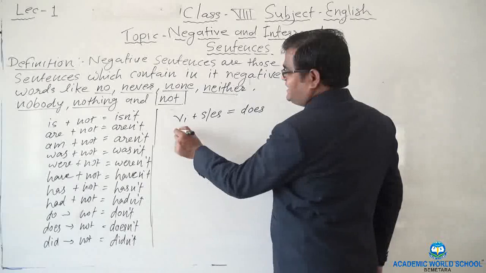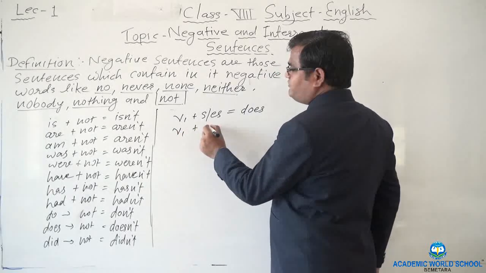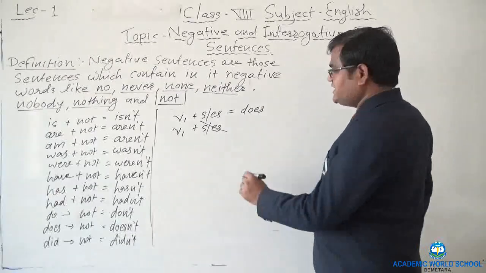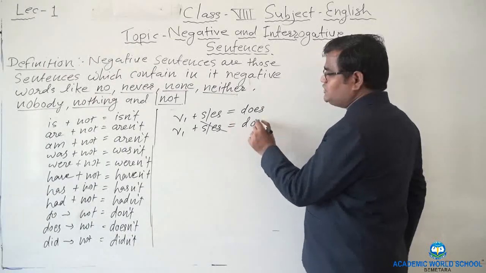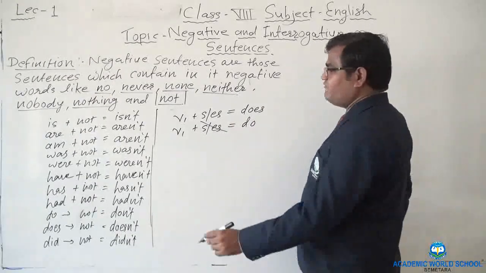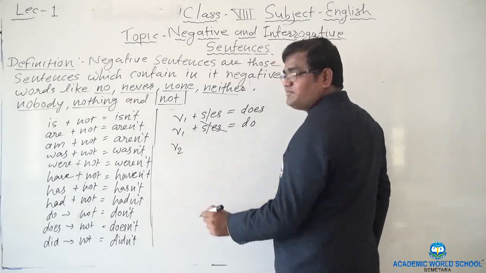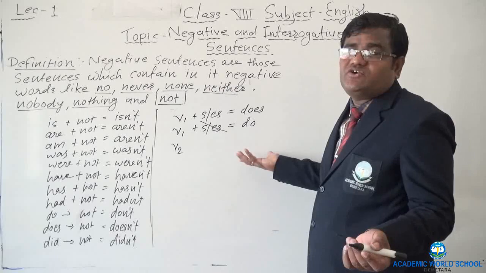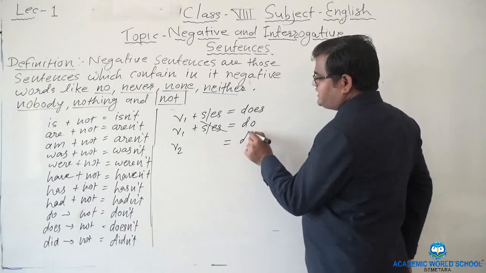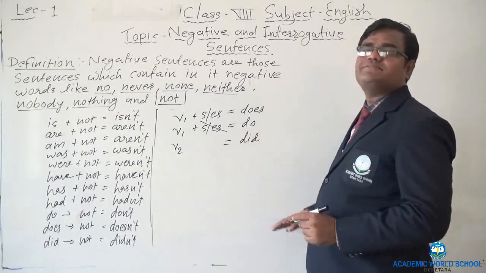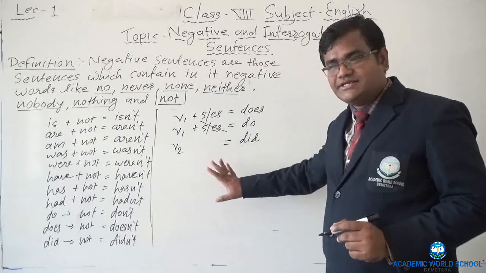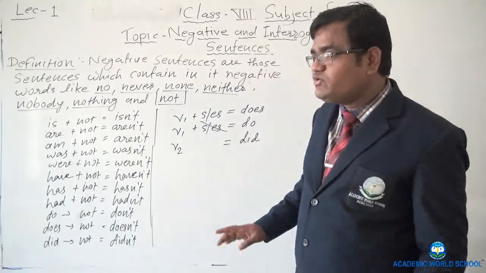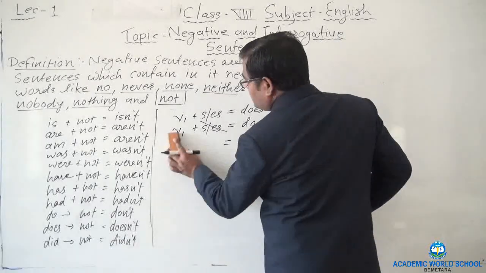If you find the same first form of the verb but with no s or es, in that case you will use do as the helping verb, and whenever you find the second form of the verb, there is no s or es in the second form. In that case you will take the helping verb as did, right? Just practice multiple examples with negative sentences. You will be able to do that.